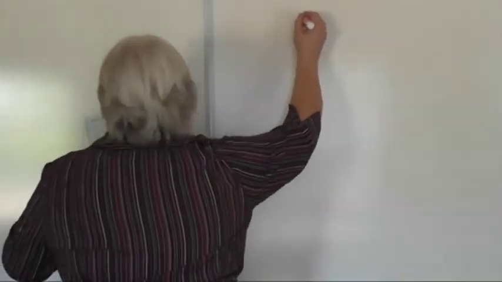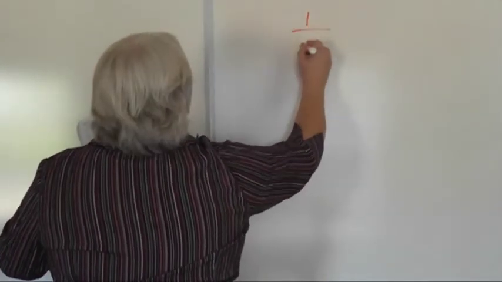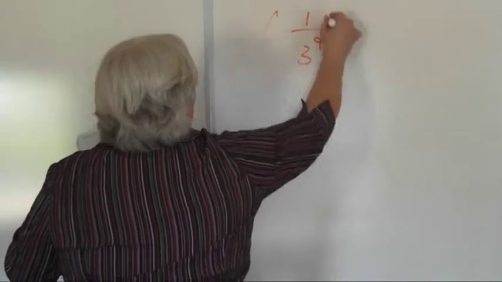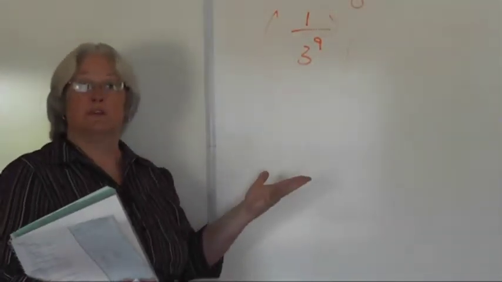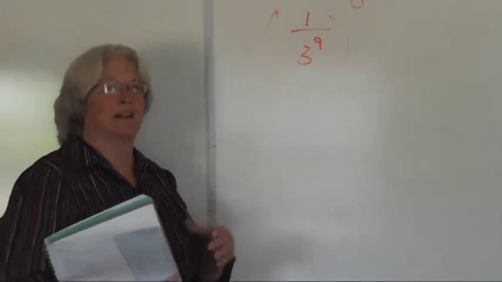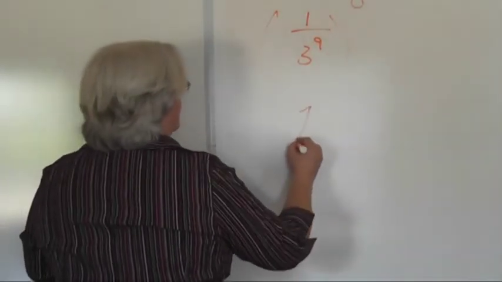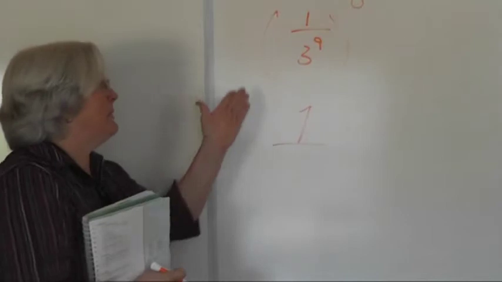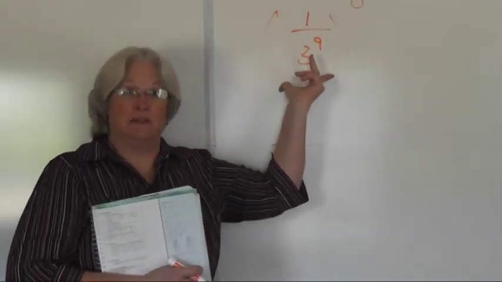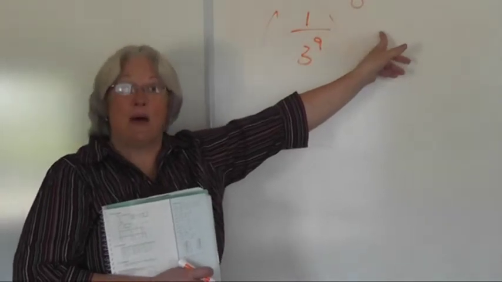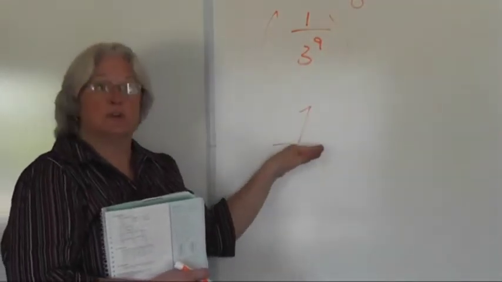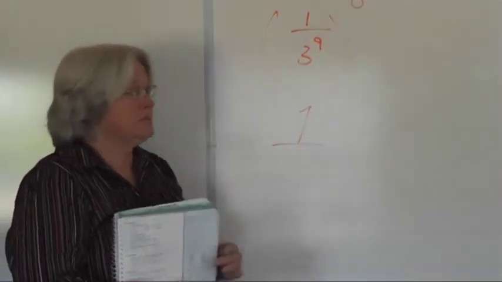Simplify this: 1 over 3 to the 9th, to the 0. What's the solution? Exactly. The solution is 1, because it does not matter what you have contained inside the parentheses here. If it is raised to the 0 power, your solution is always going to be 1.